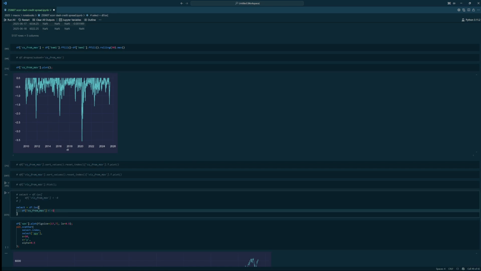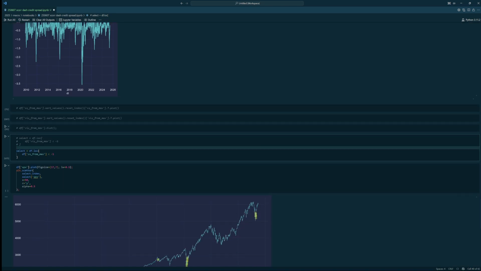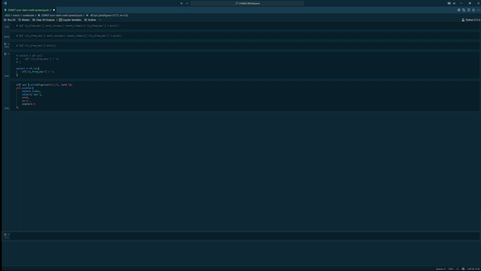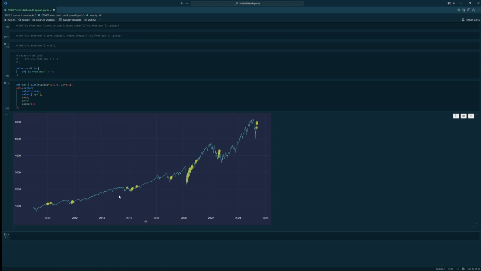This is pretty much overfitting here, but yeah, I'm so tempted to mess with that. Yeah, so it kind of does show some reasonable entry points.